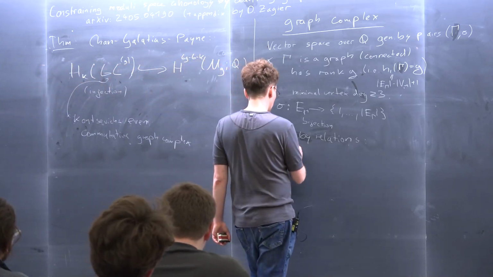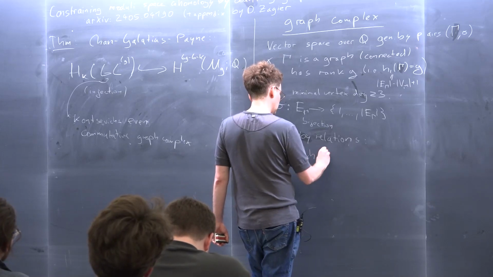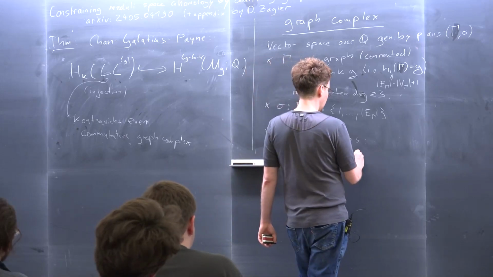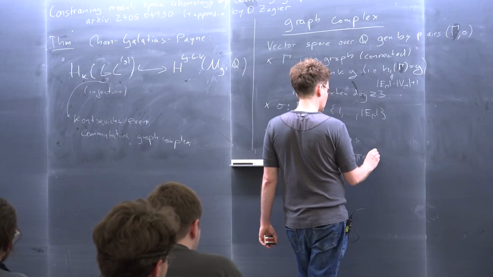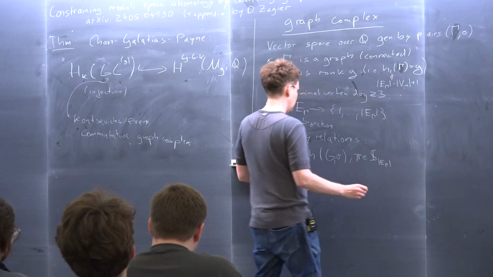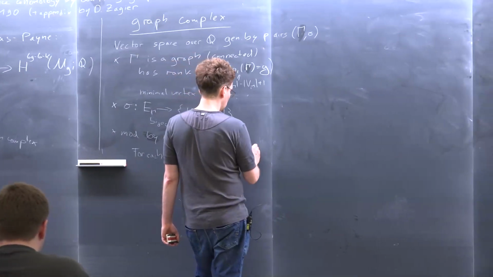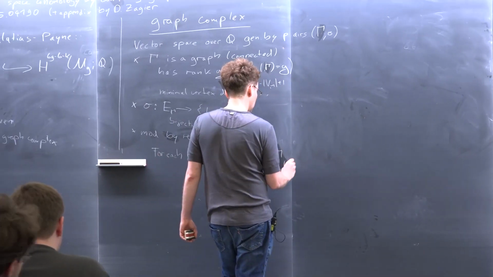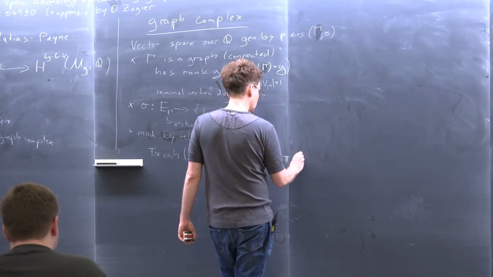We take for each such pair and some permutation pi of these edge labels of the graph, we want to have the graph with the permuted edge labels.